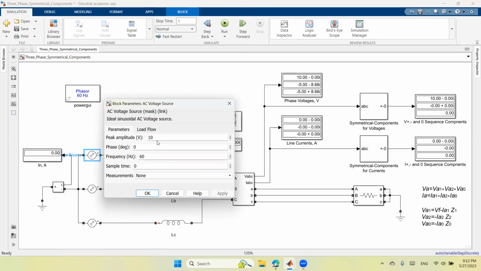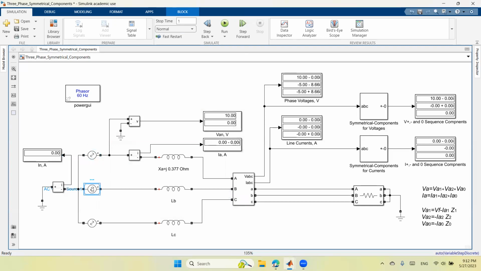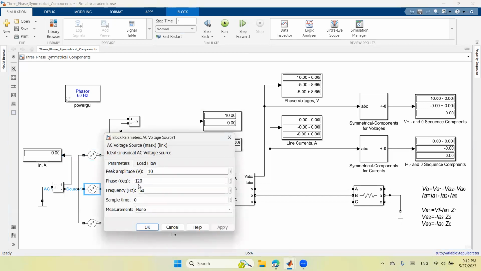Of course, you can select any values for the magnitude voltage. Here, I'm just using 10 volts in order to make the numbers clear, and we can elaborate them without using the calculator. So this is for phase A. Phase B will be the same, with one exception, that the phase angle will be negative 120 degrees.